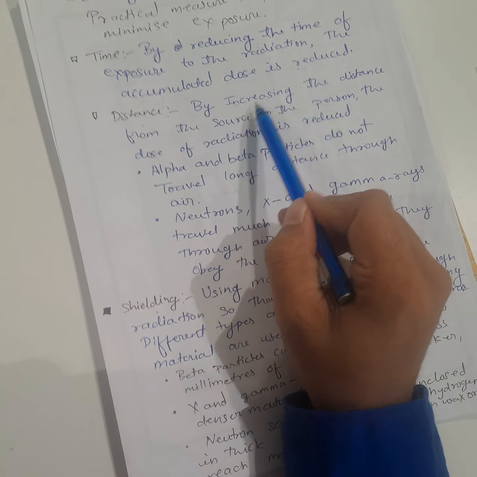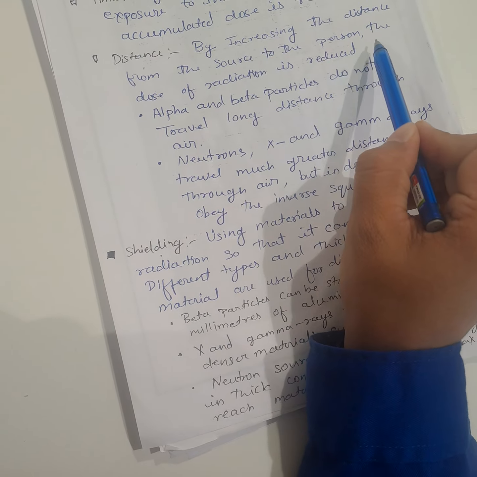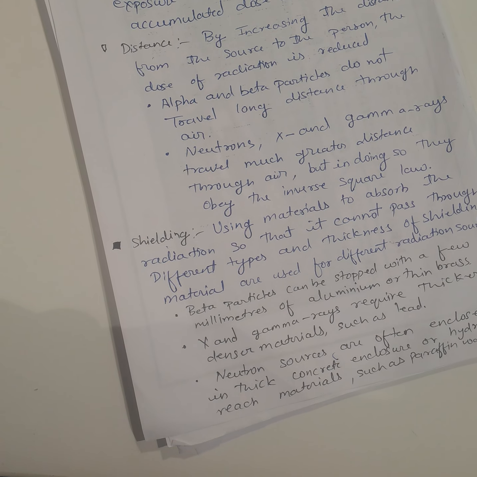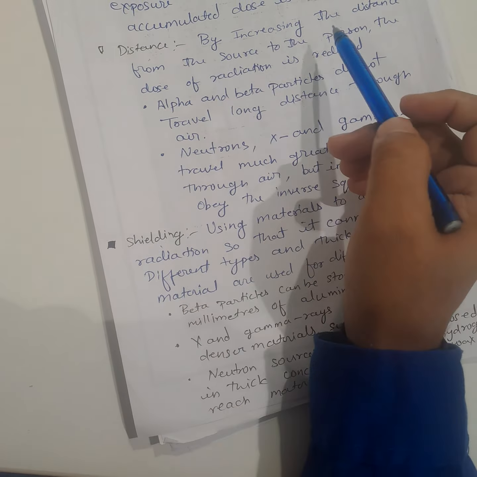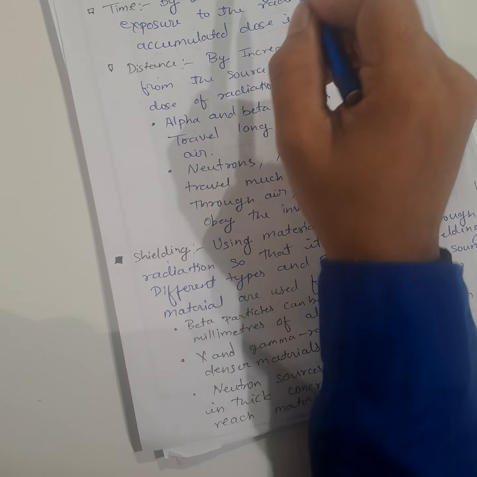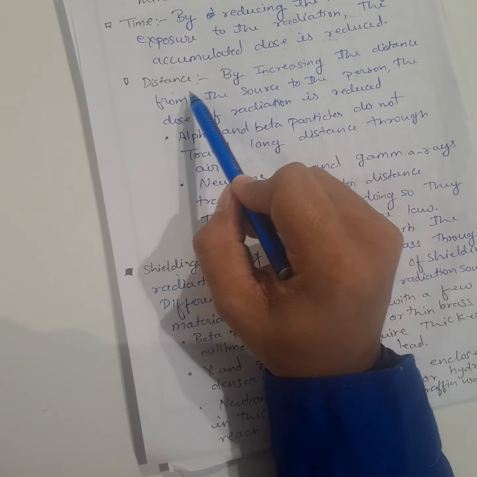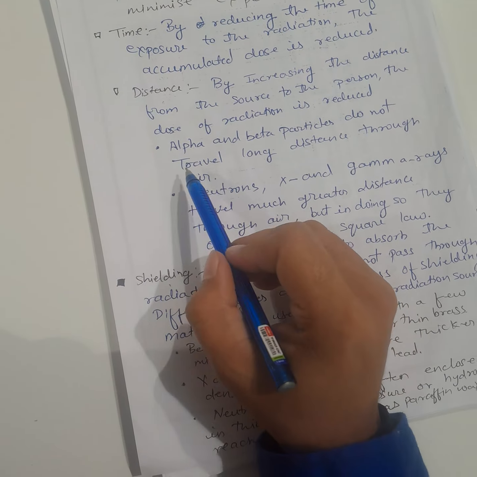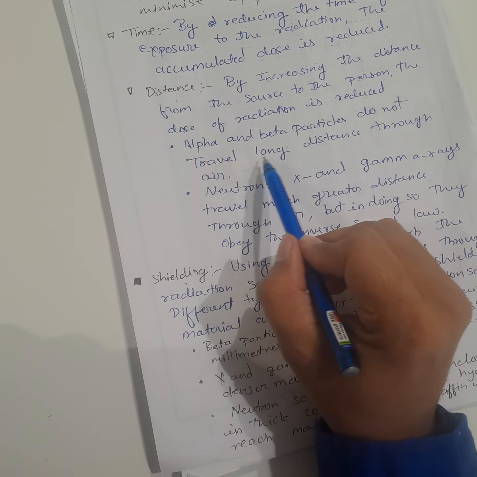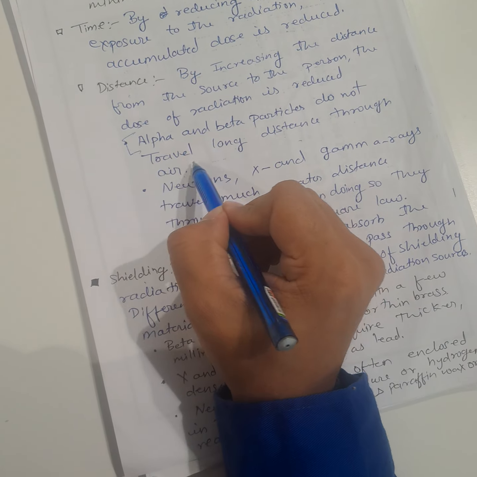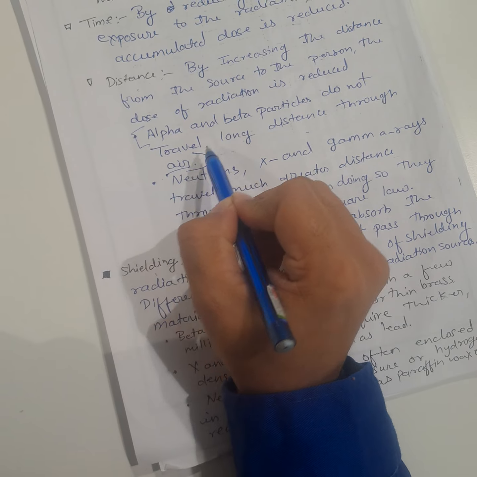Next, distance: by increasing the distance from the source to the person, the dose of radiation is reduced. So by increasing distance we can prevent exposure. Alpha and beta particles do not travel long distances through air, which is why we take these examples.